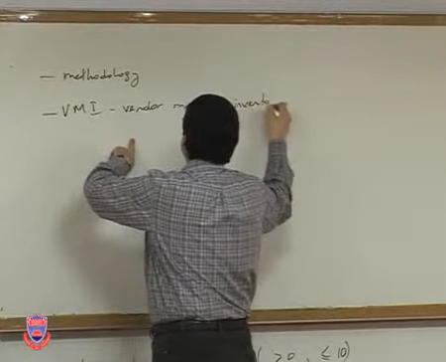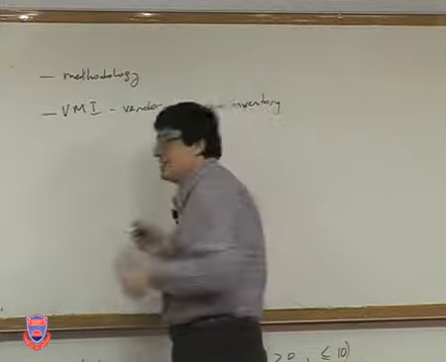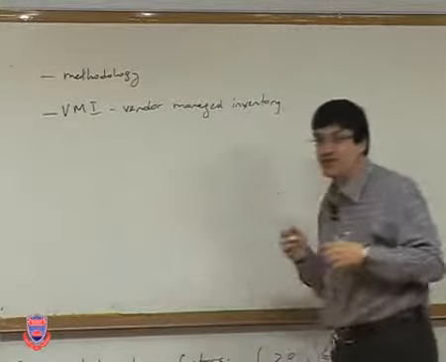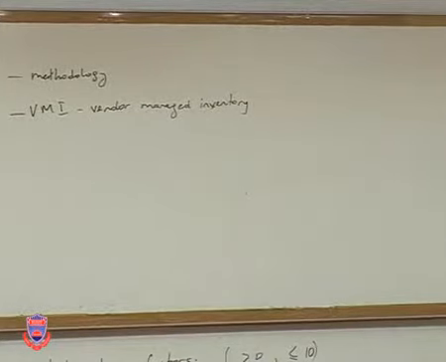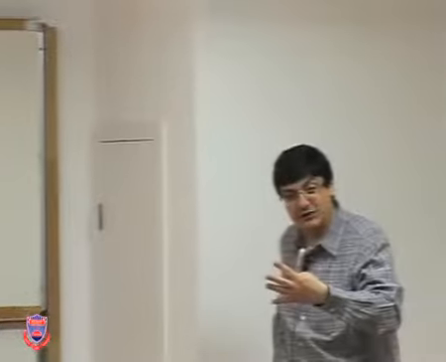Now here we see an application of the vendor managed inventory idea. Because what Volkswagen is doing is basically, from the central office, deciding on what to do for the dealers.